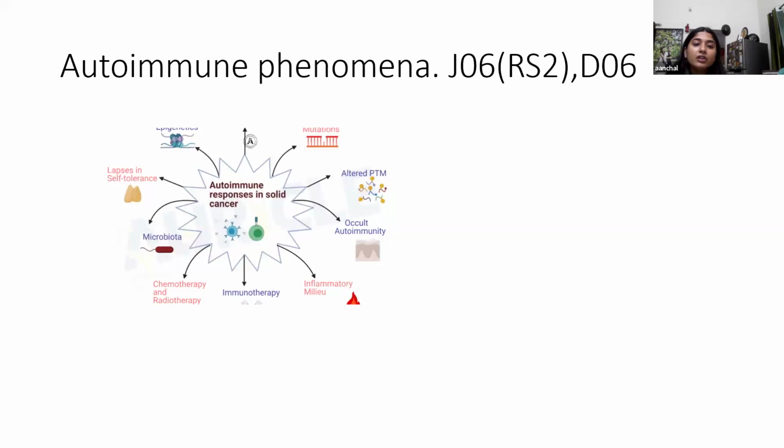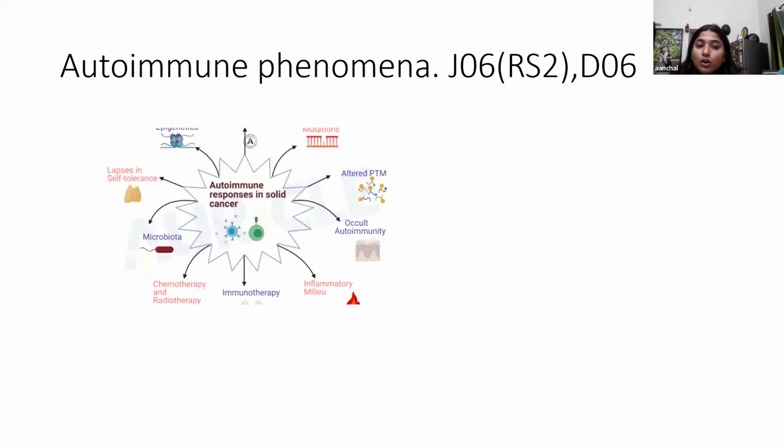Then last we have autoimmune phenomena. Autoimmunity is something present inside the body. It is basically the ability of the body to distinguish between self and non-self.